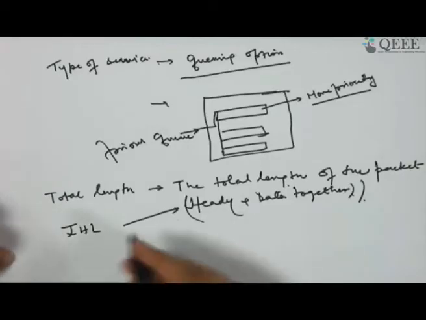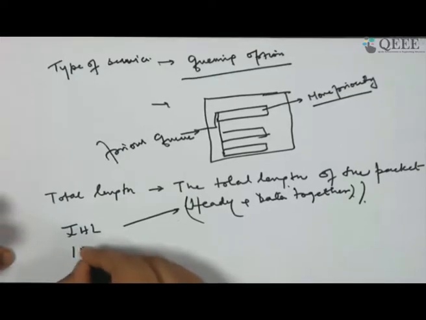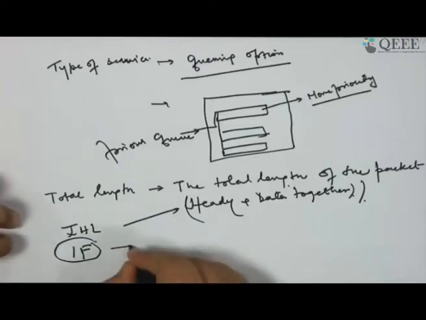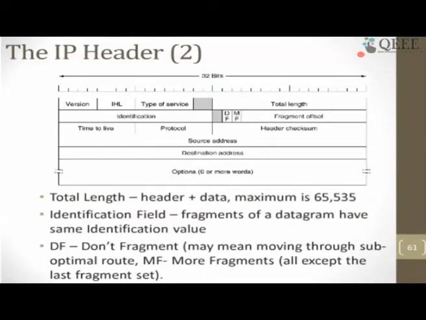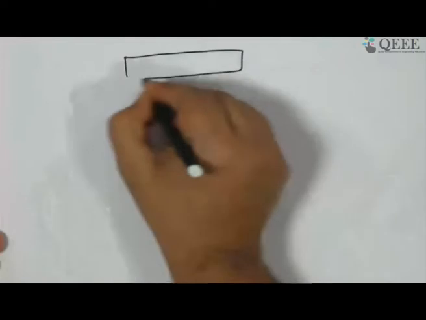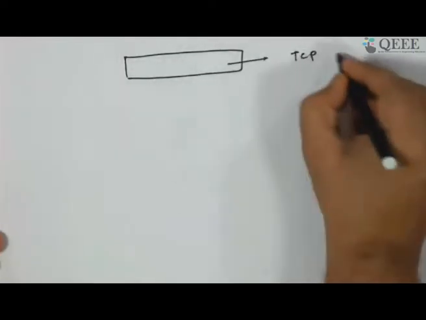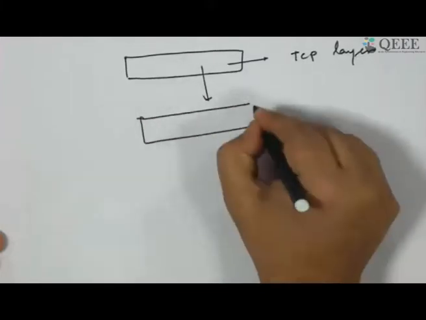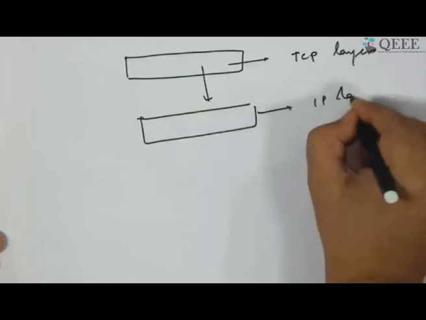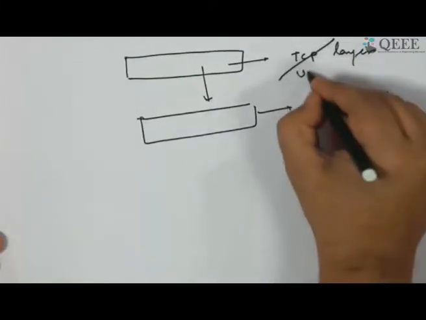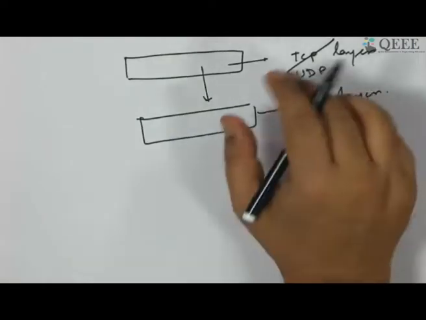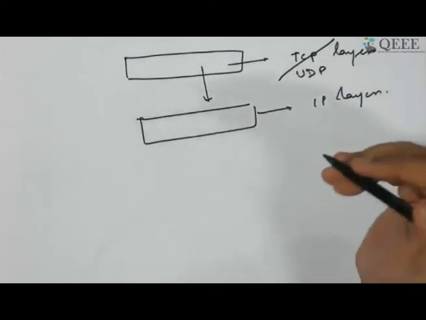So next is the identification field. Let me explain a bit about the IP layer and the TCP layer. Let's say a packet is coming from the TCP layer, or it can be UDP, to the IP layer.